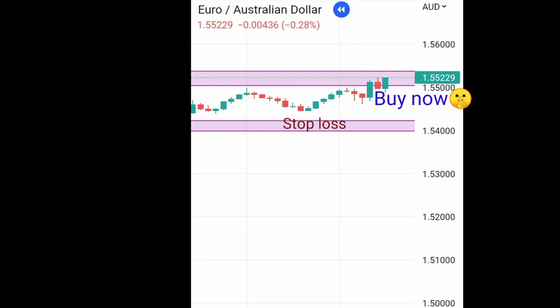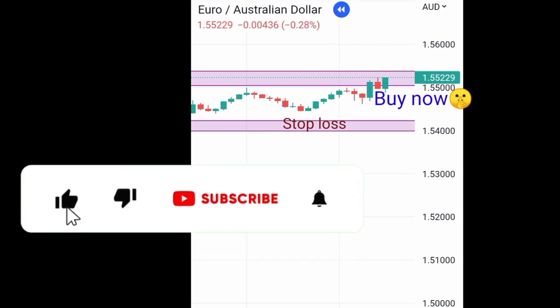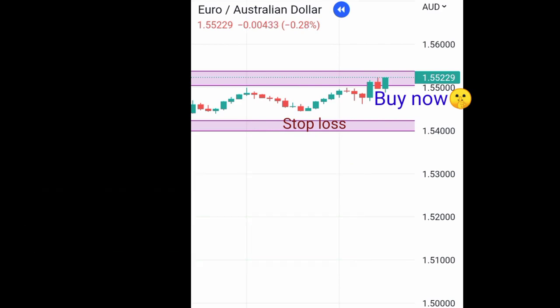So the stop loss will be just below this low, and then our take profit will be 2 times or more of that. So in this case, you're having a risk reward ratio that is very, very good. So let's see how it plays out.